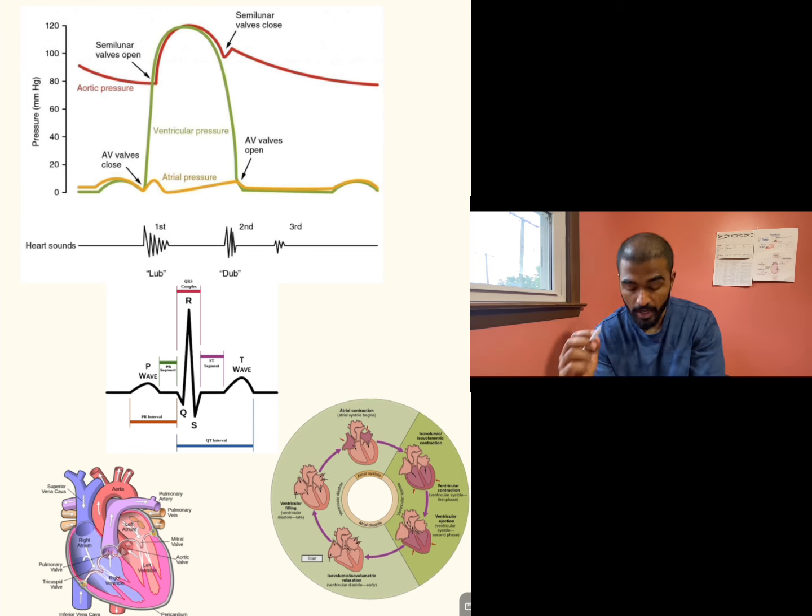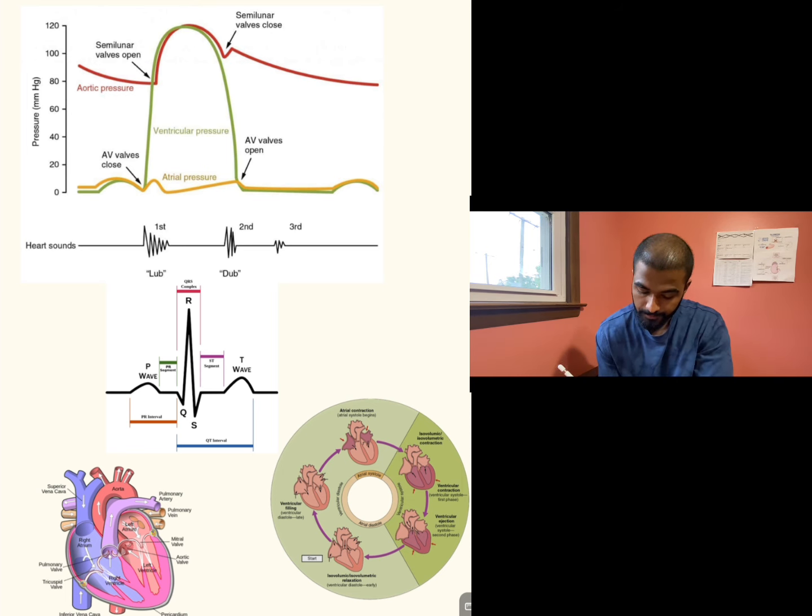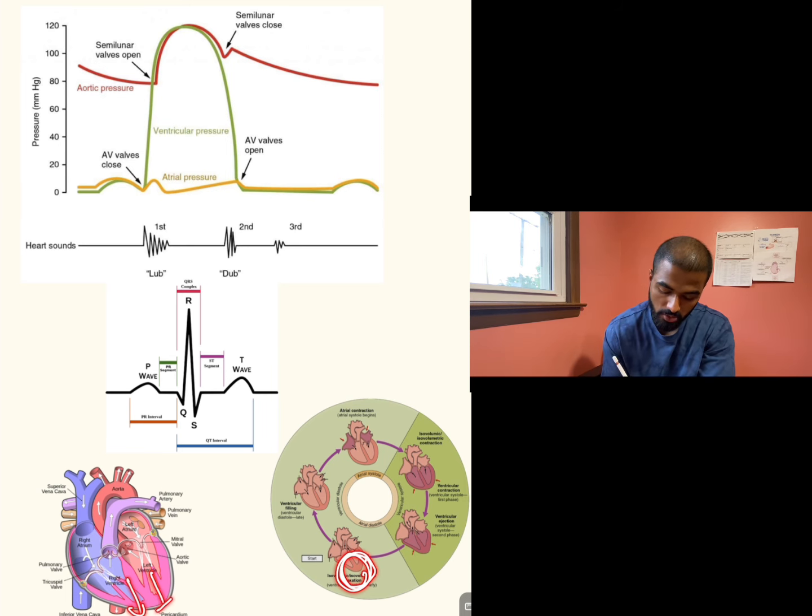But one thing I forgot to mention is that when your ventricles are relaxing, there comes a point where the ventricular pressures are lower than the aortic pressure and pulmonic pressure. So the right ventricular pressure is lower than the pulmonic pressure, and the left ventricular pressure is lower than the aortic pressure. So the blood would start to flow back down, right?